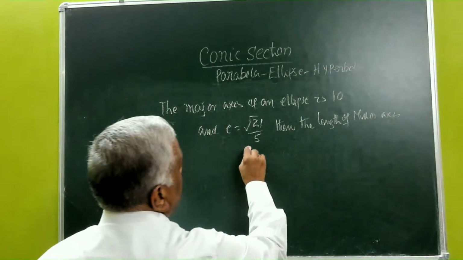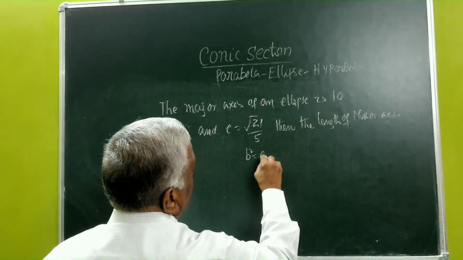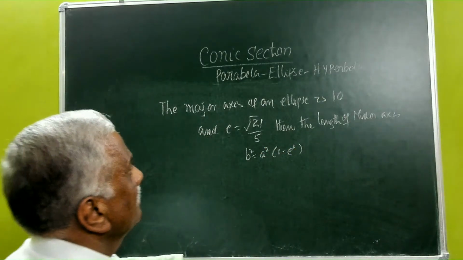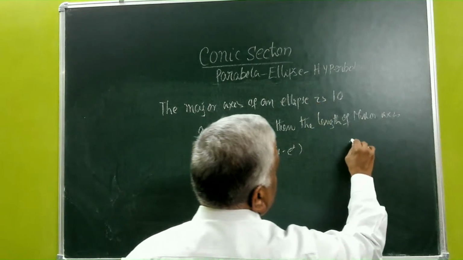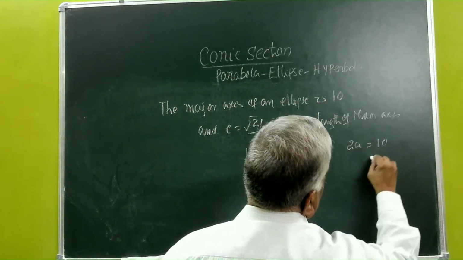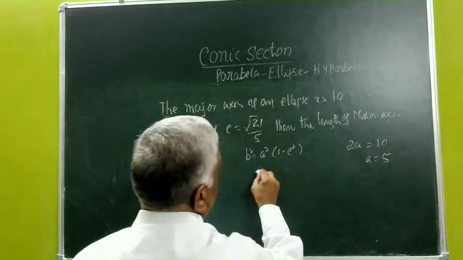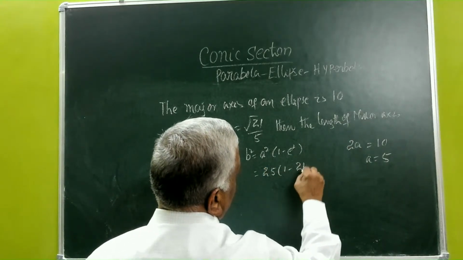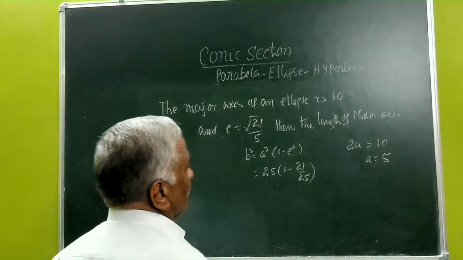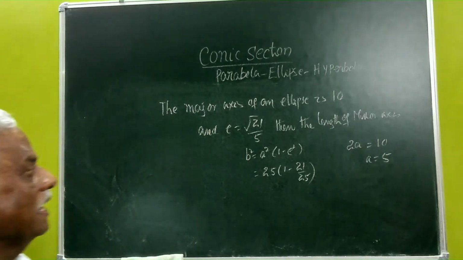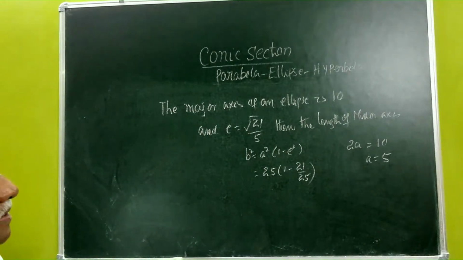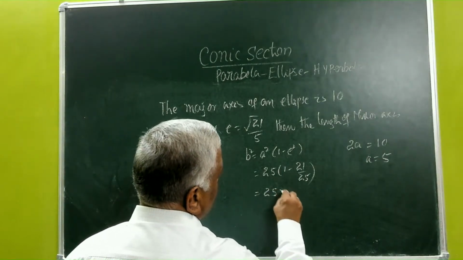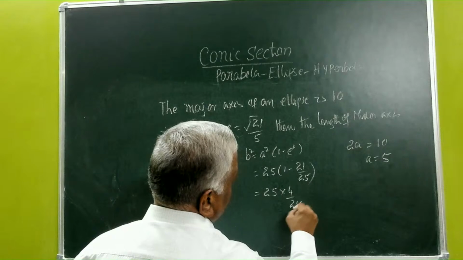You need to remember the formula b square is equal to a square into 1 minus e square. They have given the major axis 2a is 10, therefore a is 5. So this is 25 into 1 minus 21 by 25, which is 25 into 4 by 25.